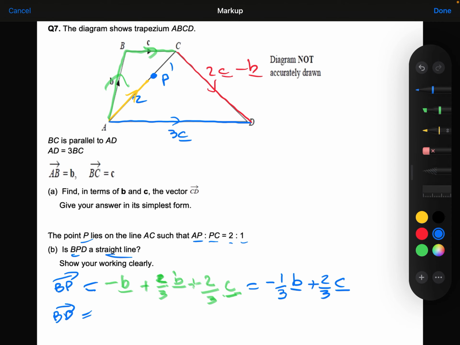Now for B to D, remember we're trying to show whether these vectors are parallel or not to decide whether it's a straight line. So B to D, I can do that by going B to A plus A to D. The B to A, I know that's just minus b.